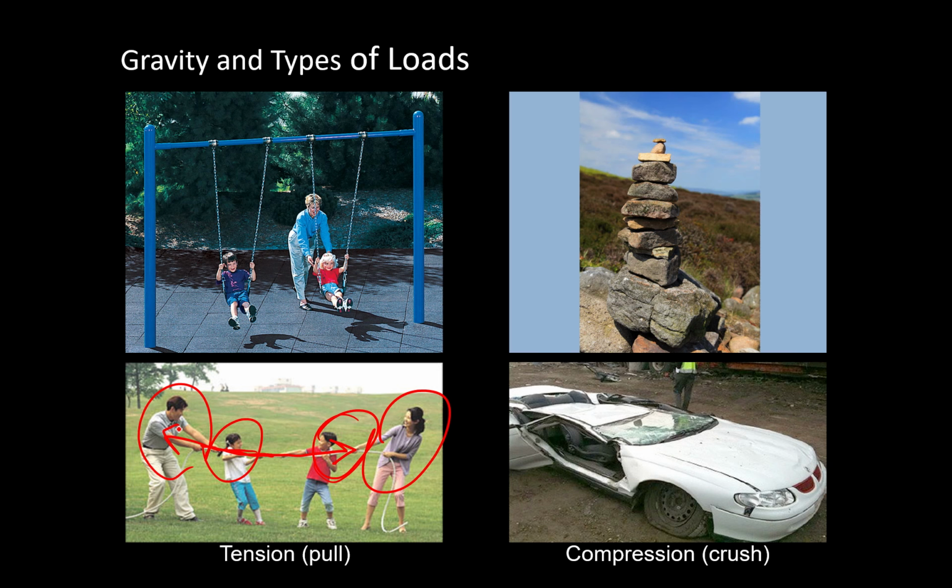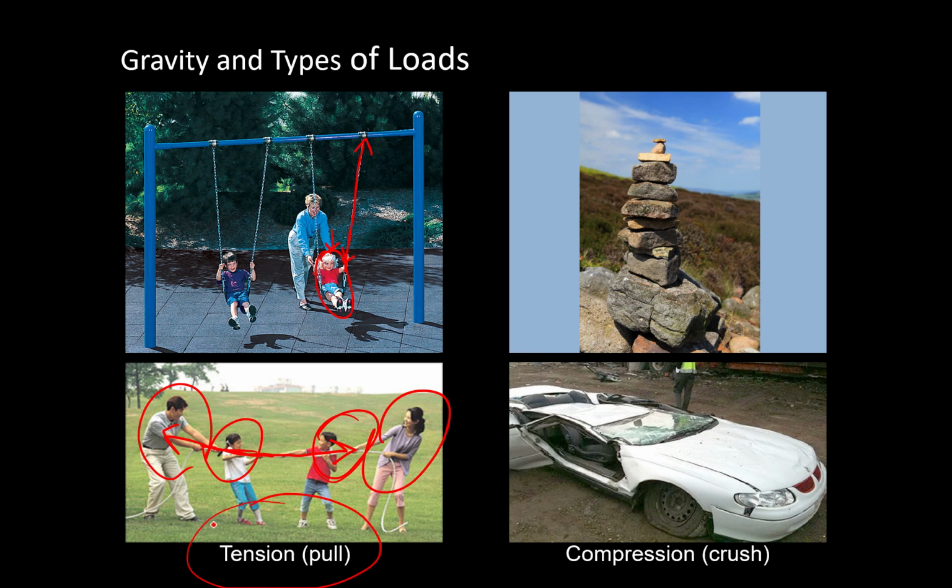And another way to think of it is when you're swinging on a swing, you can see this chain is being stretched tight here because there's weight being exerted by the person on the swing, and there's tension forces in this chain, and the chain is strong enough to resist the weight or force of the person on the swing.